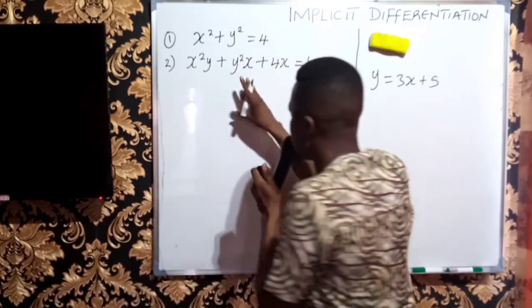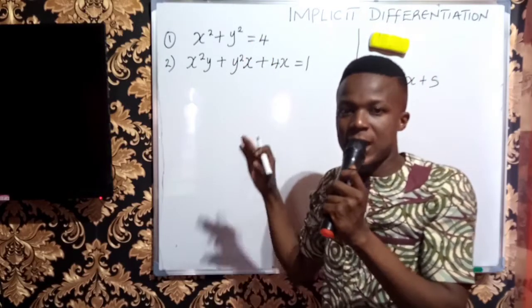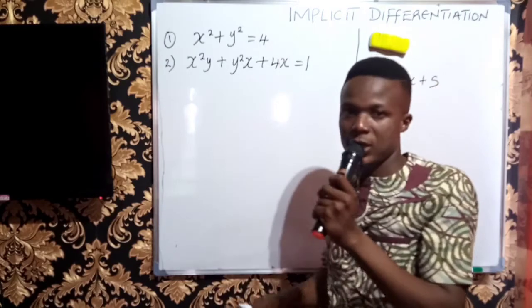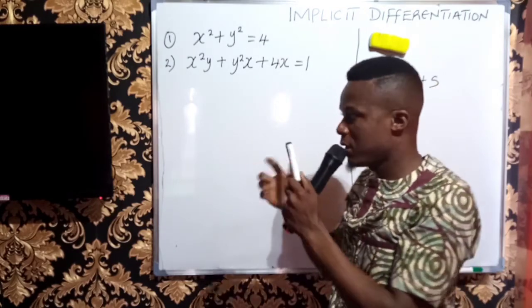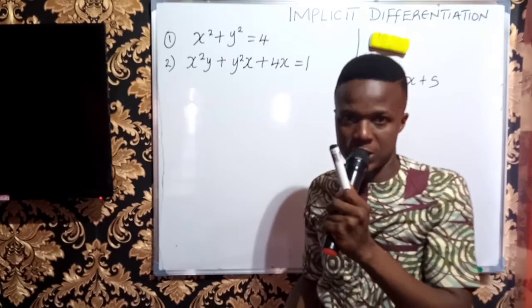But a good look at this group of functions given to us will reveal that they are written implicitly, in the sense that they are mixed together. So whenever you are given functions like this, you must embrace implicit differentiation.